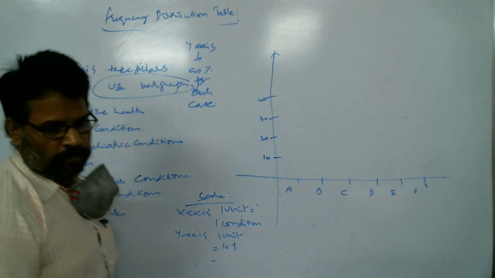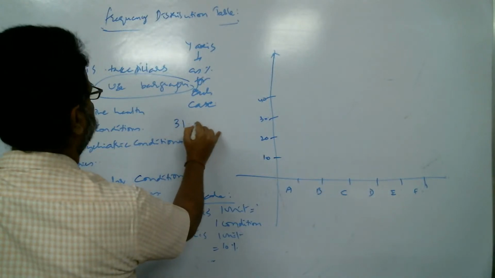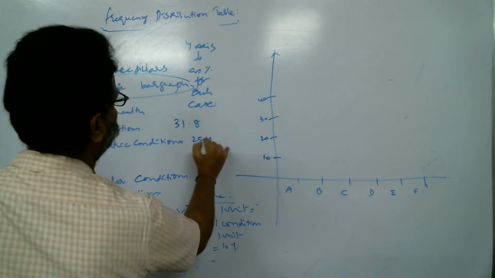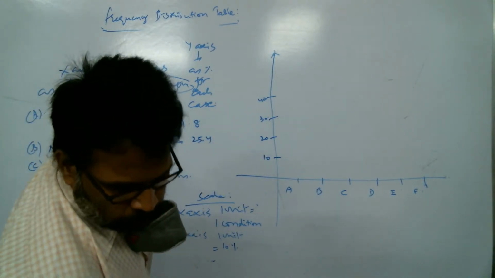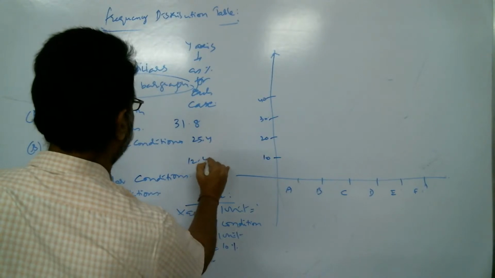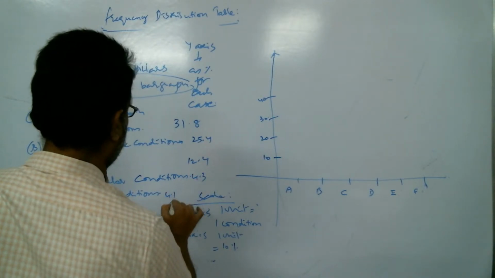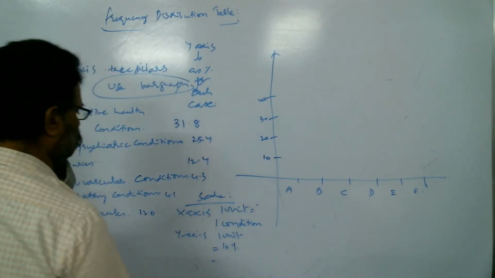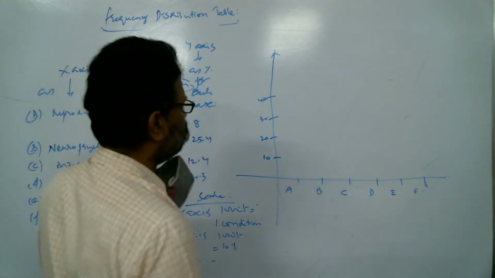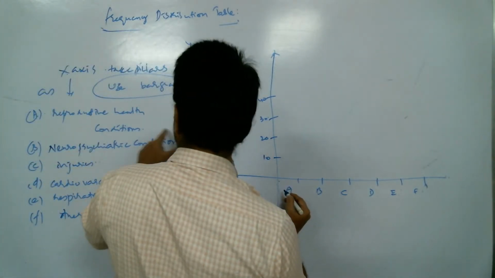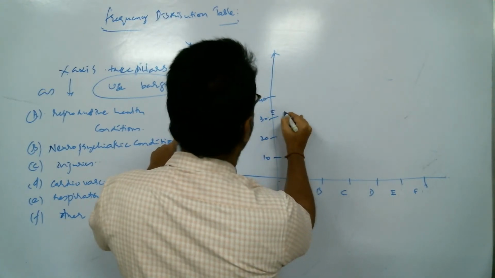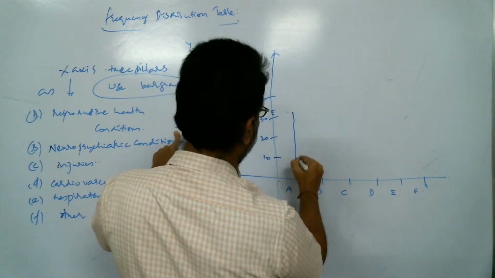Are you clear? Now first one, reproductive health condition 31.8. Second one is 25.4. Third one you take 12.4, 4.3, 4.1. Next 22.0. Now first is 31.8. This is A. A is 31.8. So this is 31, this is 32. 31.8 will be here somewhere. So here you can mention.